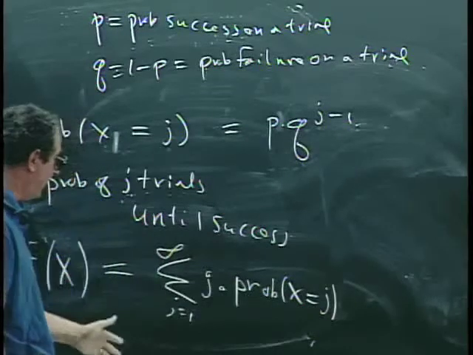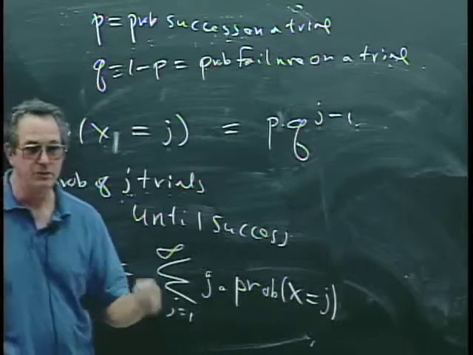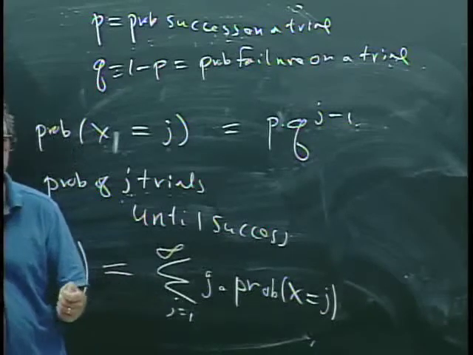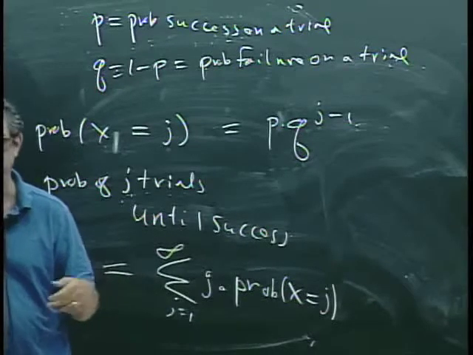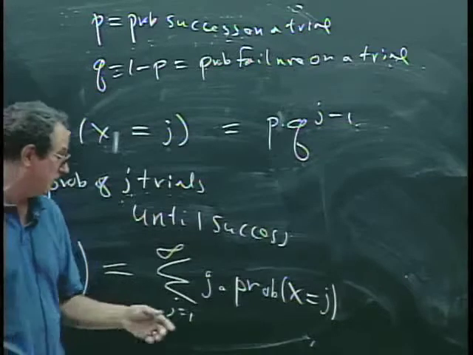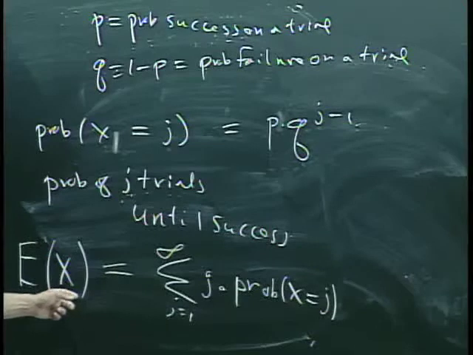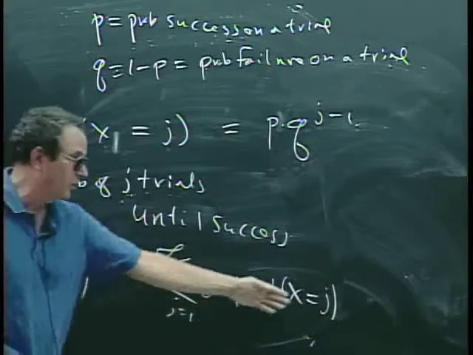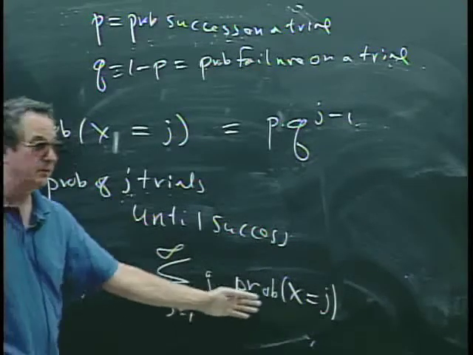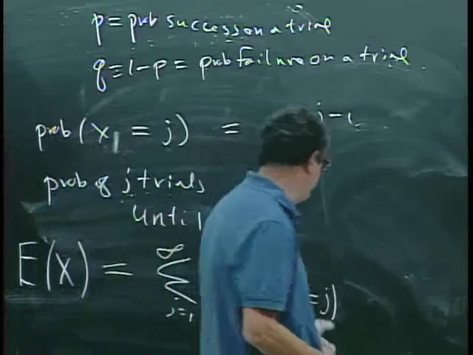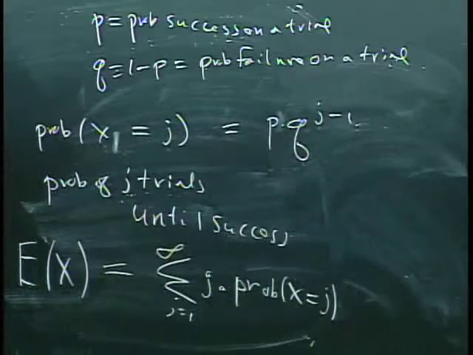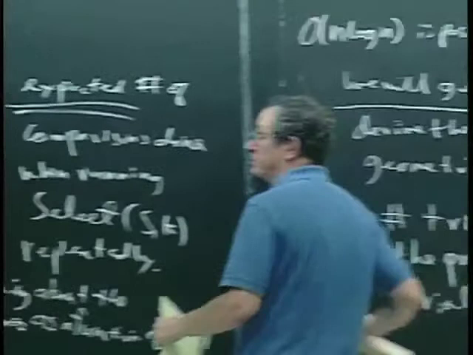So you don't actually have to do the physical experiments repeatedly to find out what the expected value of this random variable is. You can work it out analytically. Sometimes you can't solve this, but we will be able to solve it in this case.